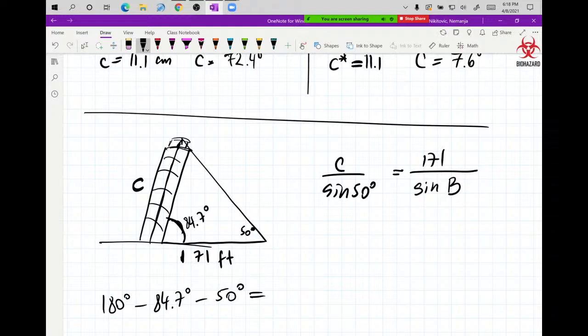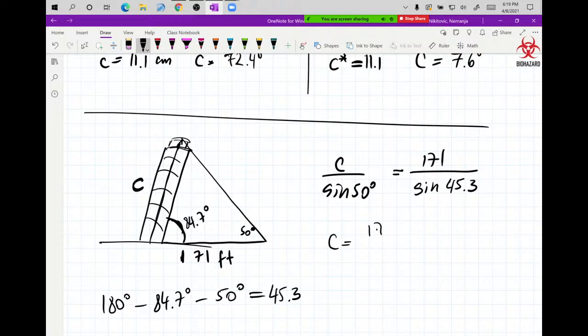So that's 45.3. Now we have that our angle opposite of 171 is 45.3. And there you go, done.